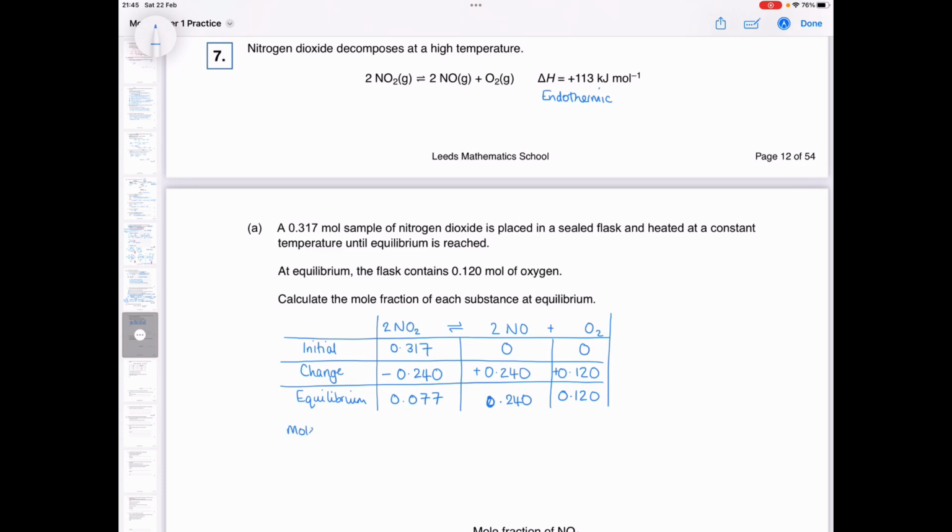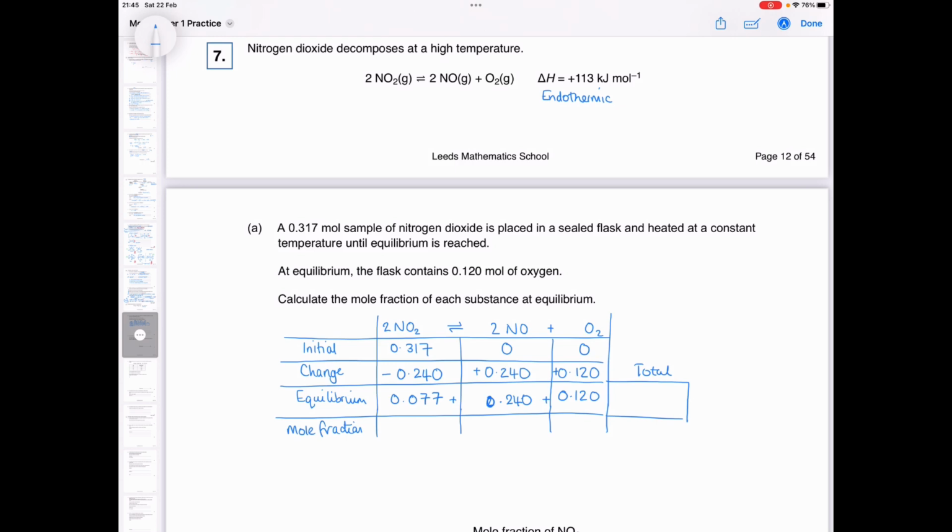Mole fraction then is the number of moles divided by the total number of moles. So total moles is the sum of each of these.